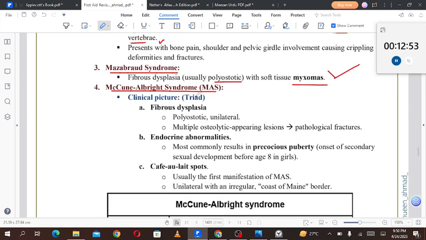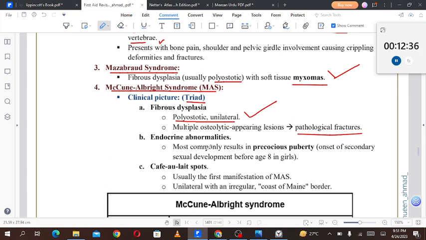McCune-Albright syndrome. The clinical picture is a triad of fibrous dysplasia: polyostotic and unilateral, multiple osteolytic-appearing lesions, pathological fractures.